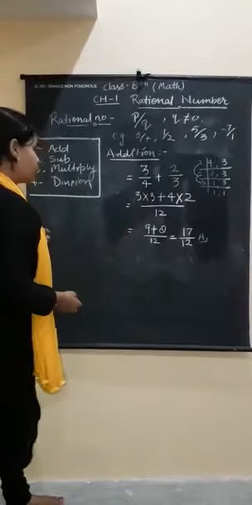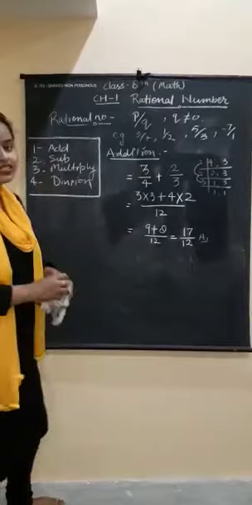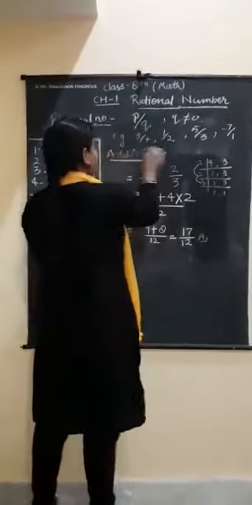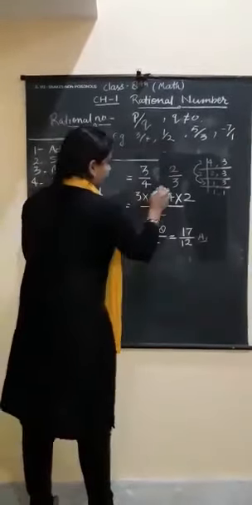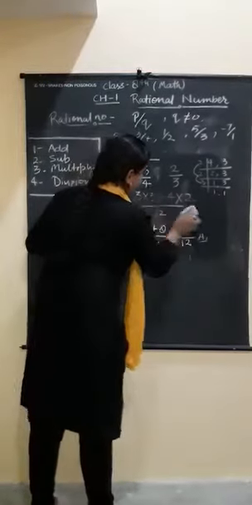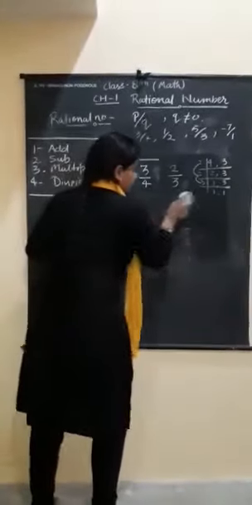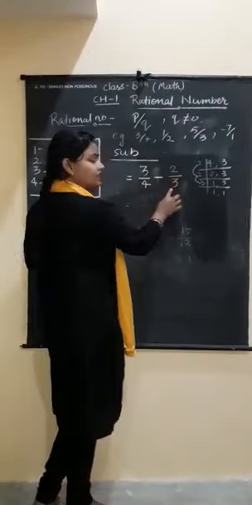Now next is the subtraction of rational numbers. Let's understand by example: 3 by 4 minus 2 by 3.